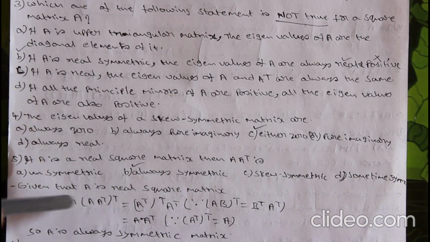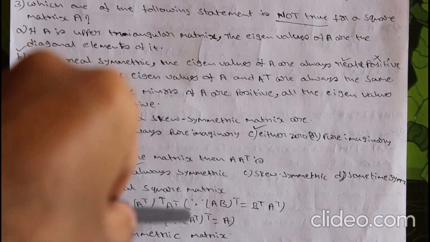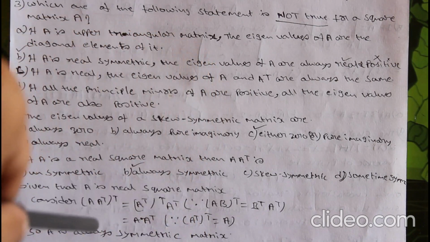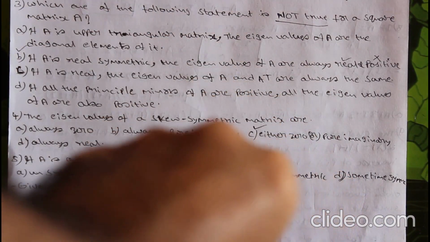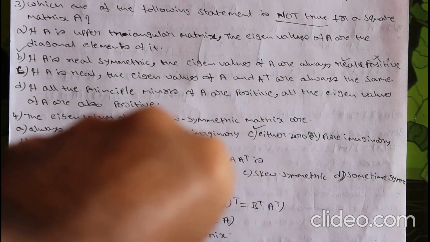Consider A into A transpose whole transpose is equal to A transpose whole transpose into A transpose, since from the properties of transpose, AB transpose is equal to B transpose into A transpose. First B transpose and then multiply that with A transpose.